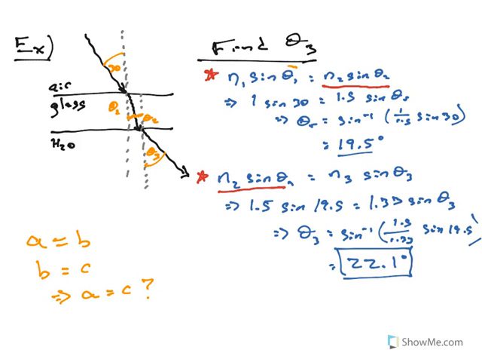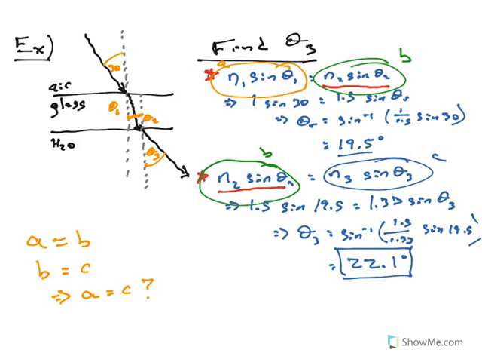If I take this thing and I call it A, and I say A is equal to this thing, which I call B, if A equals B, and this stuff says that B is equal to C, then can't I just do A equals C directly? And the answer is yes, you can.